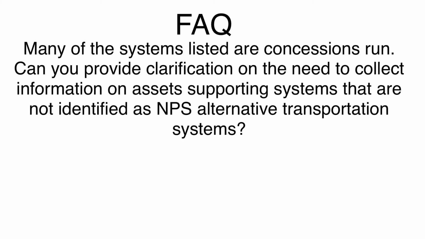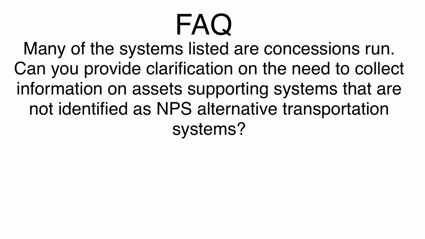Great. The next question is, many of the systems listed are concessions run. Can you provide clarification on the need to collect information on assets supporting systems that are not identified as NPS alternative transportation systems? Sure. So this effort is based on the National Transit Inventory as the official list of NPS alternative transportation systems.